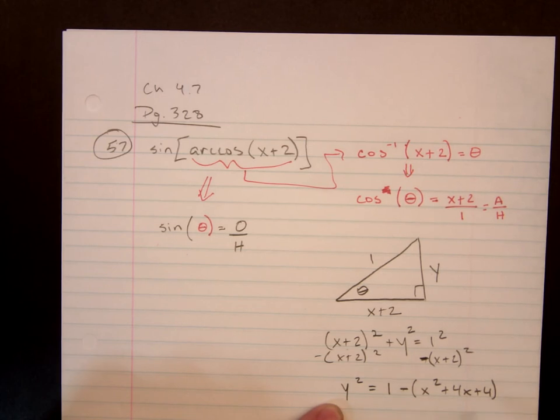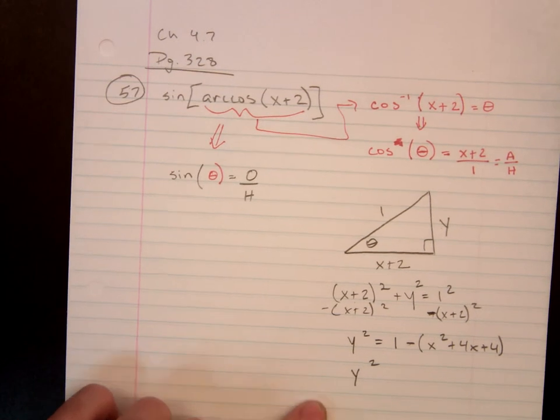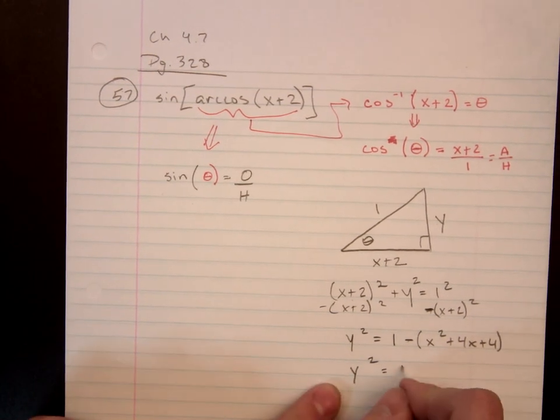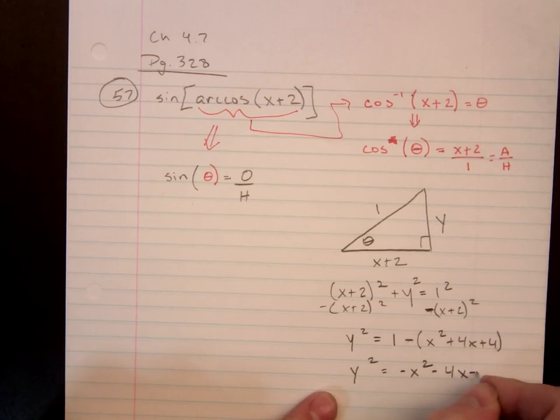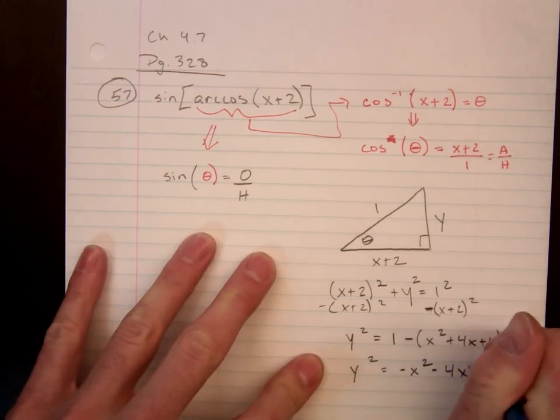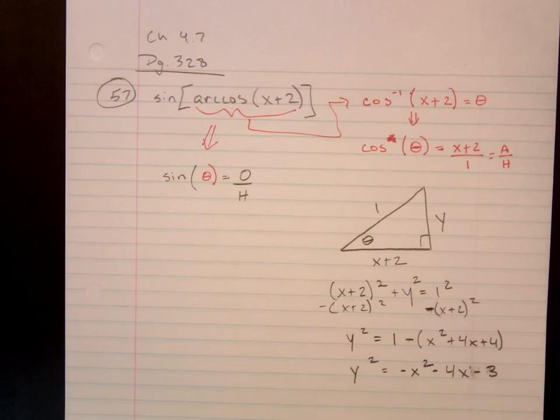Now you have to remember to distribute that negative all the way through, but you should end up getting, let me move this up a little bit, that y squared is equal to negative x squared minus 4x minus, plus, minus. That's what happens when you try to do things in your head. I recommend against it. Negative x squared minus 4x minus 3.